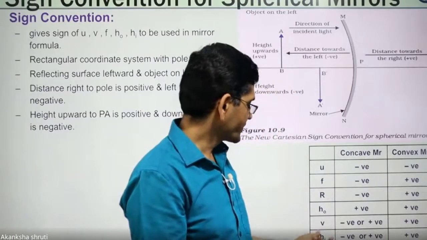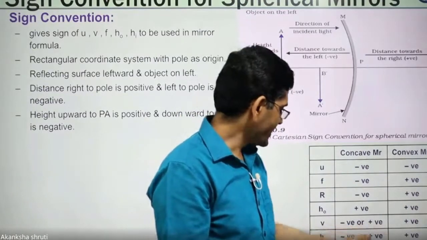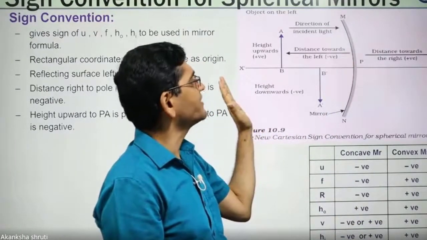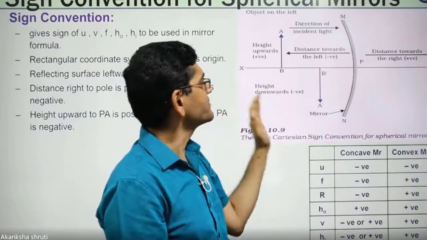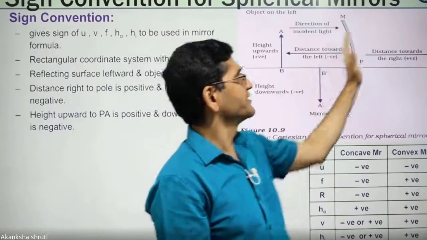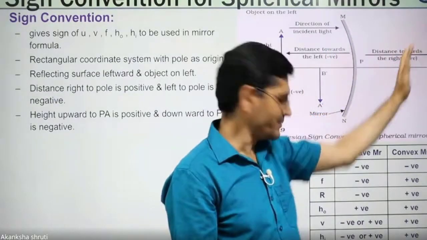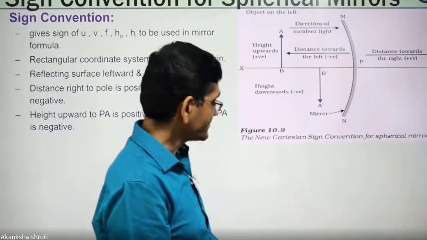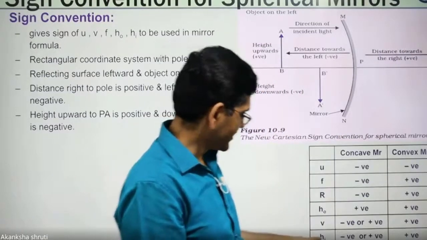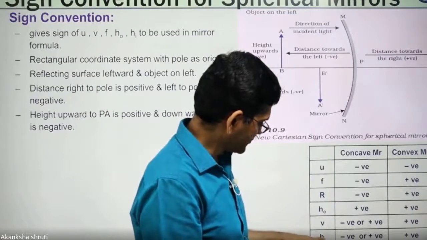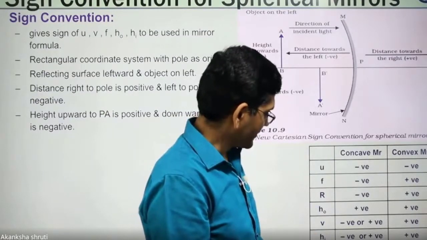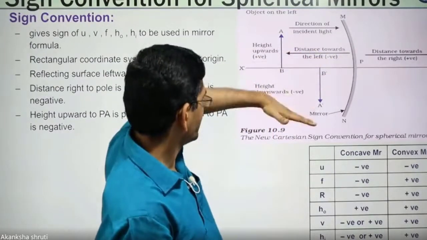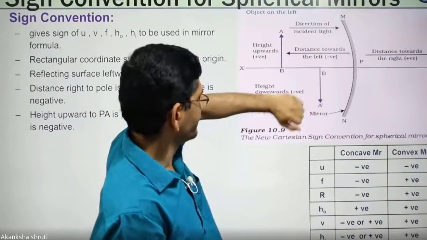But the image distance, the image can be on the left hand side in case of the real image, so it will be negative. If it is on the right hand side, means the virtual image, it is positive. Students, similarly for the height of image, if the image is real, it will be formed below this principal axis, so it will be negative.